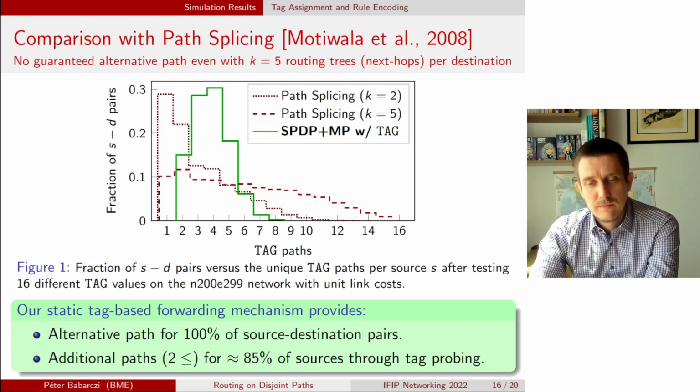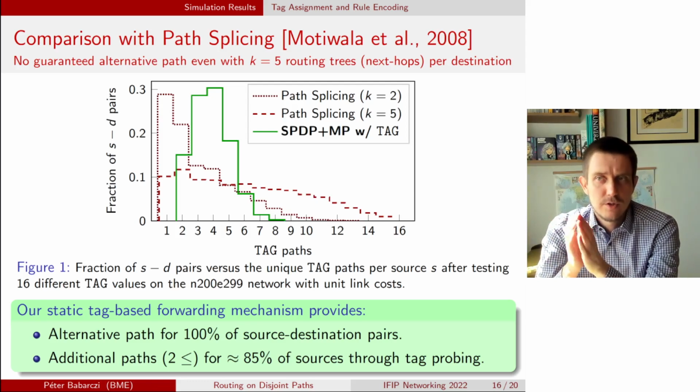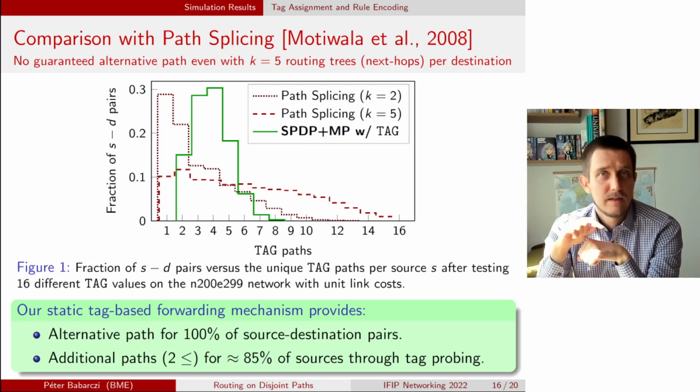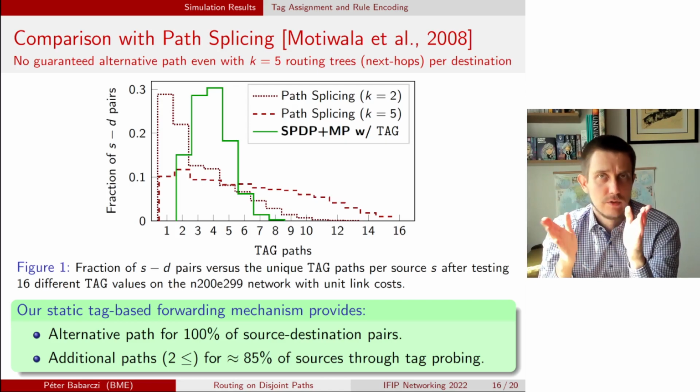Our second simulation was to compare this method to path splicing, which is an implementation for source selectable routing, where we have 2 or 5 routing trees in this simulation. These routing trees are a bit different from each other, and the packet can switch trees at each hop and will reach the destination on different paths.